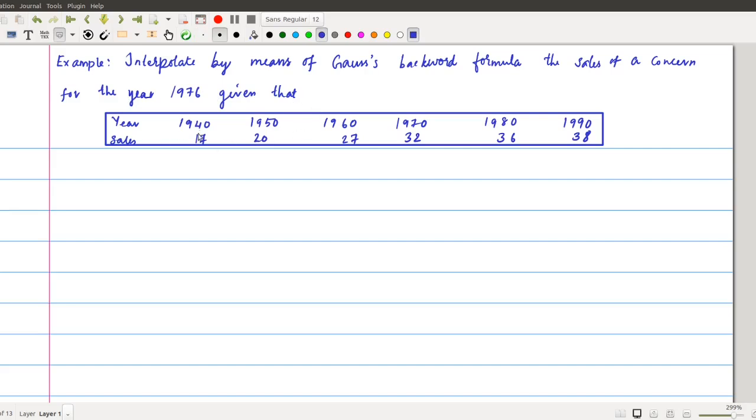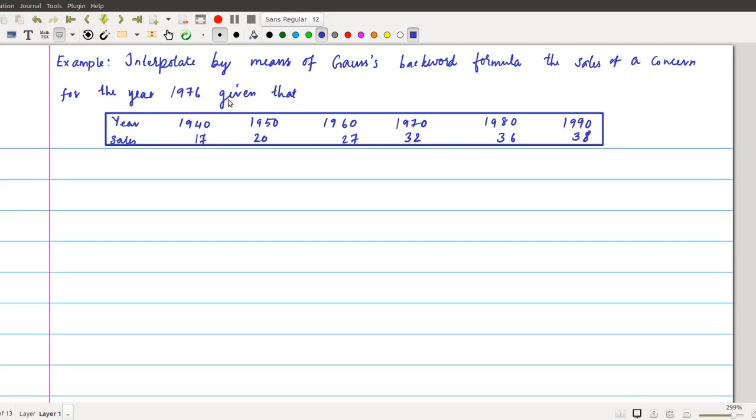Given that these are the values, in 1940 we have 17. These are the rupees in lakhs: 17 lakhs, 20 lakhs, 27 lakhs, etc. So using these values, we need to interpolate the sales for the year 1976.